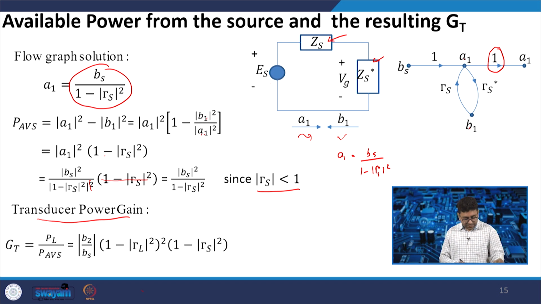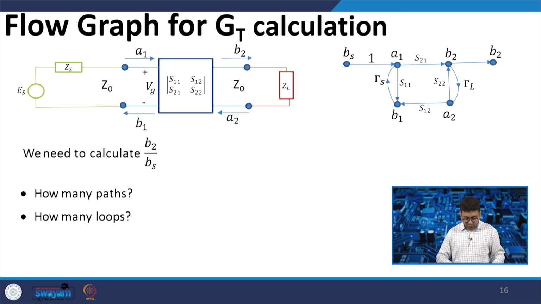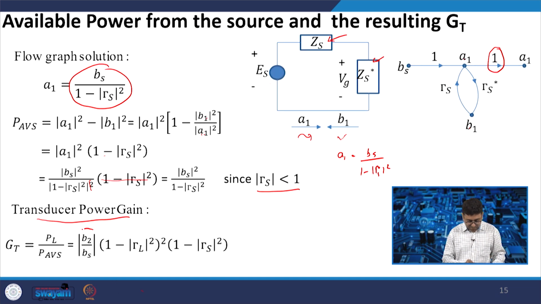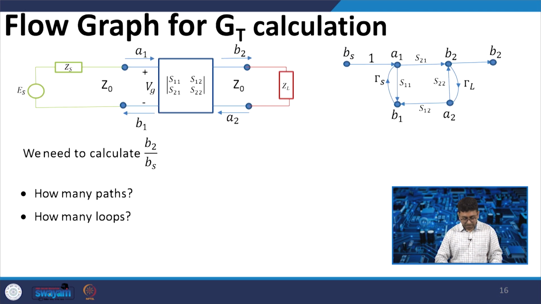So, this is the GT. Now we will try to find out B2 by Bs. So, the important term is B2 by Bs. How do we find B2 by Bs?